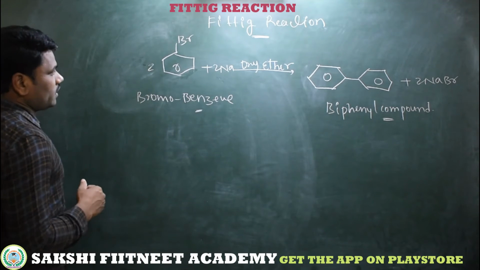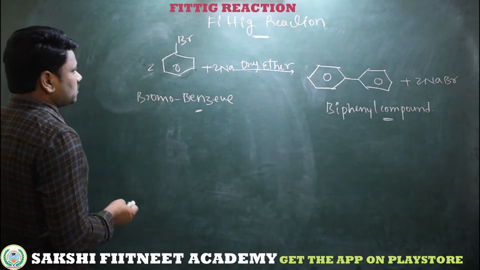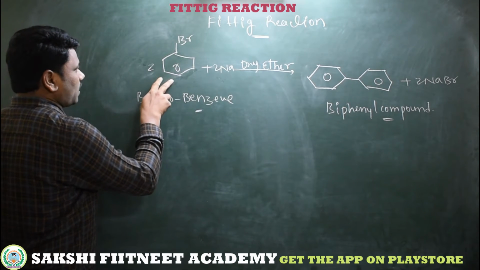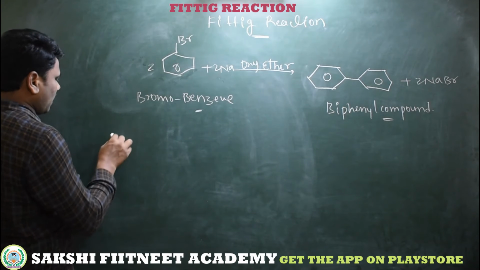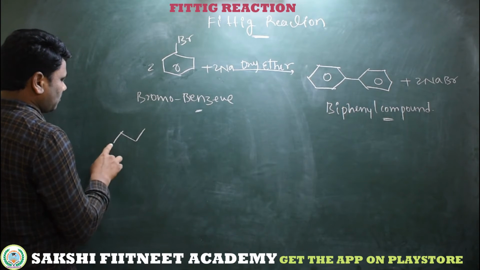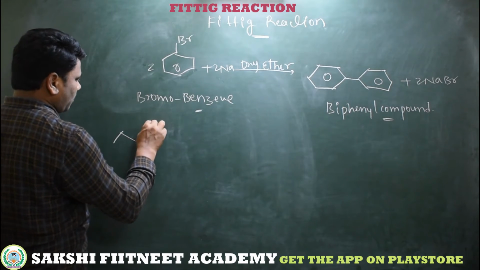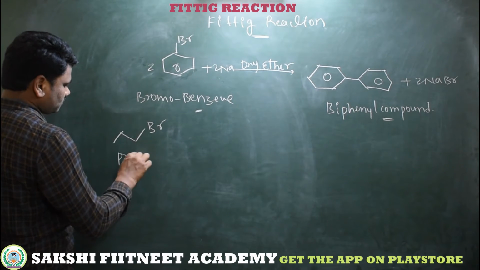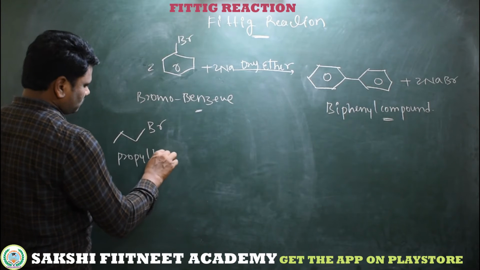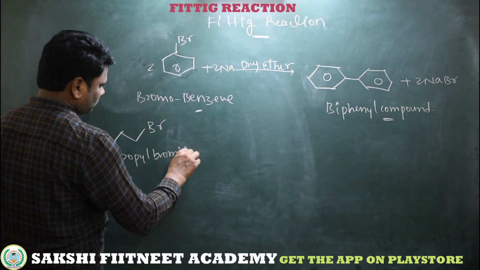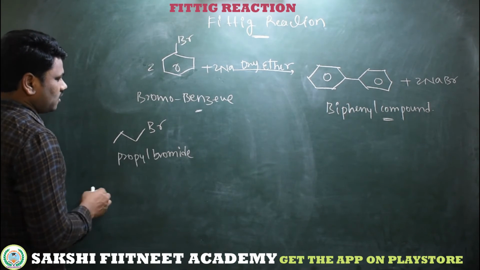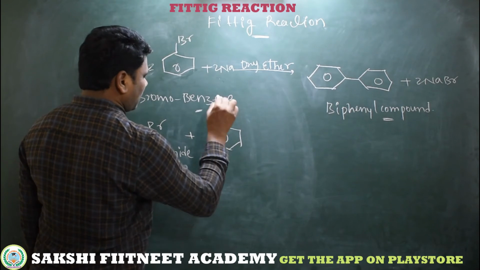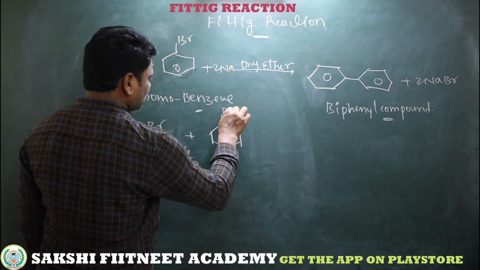Then what about Wurtz-Fittig reaction? In Wurtz-Fittig reaction, out of 2 moles of these halides, we are taking one as an aliphatic halide. Example, here I am taking propyl bromide, or bromopropane, with an aromatic halide, that is aryl halide.